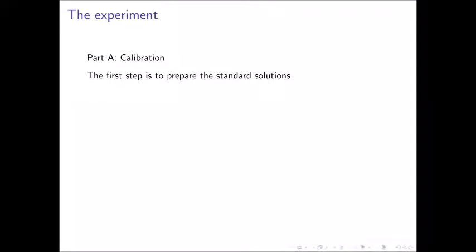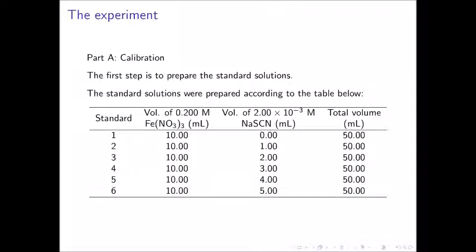Our first step is to prepare the standard solutions. The 6 standard solutions were prepared according to the table. Notice that the concentration of the ferric nitrate solution was 0.200 molar. The concentration of the sodium thiocyanate solution is 2.00 times 10 to the minus 3 molar, or 100 times less concentrated.